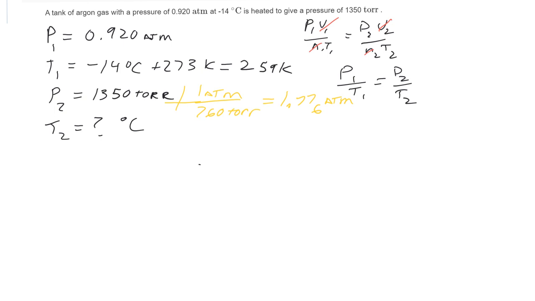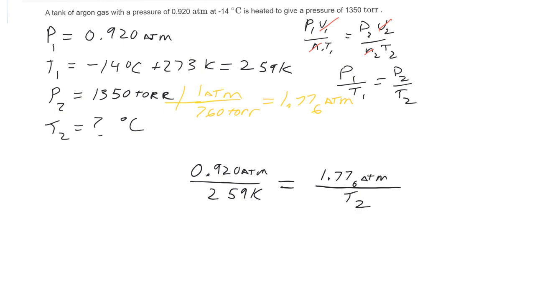So I have 0.920 atm over 259 Kelvin equals 1.776 atm over T2.